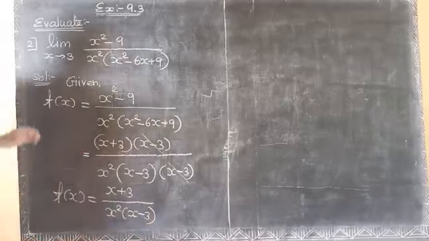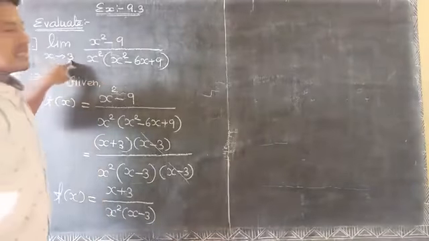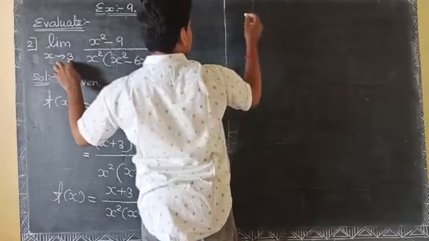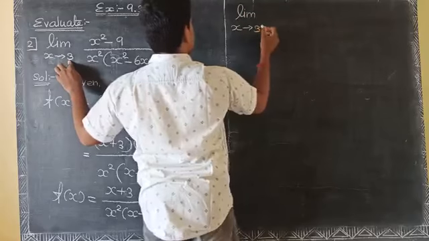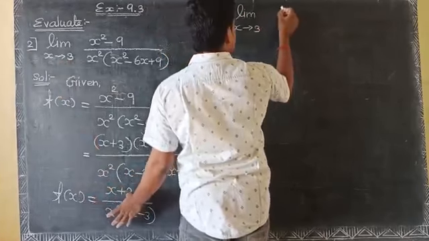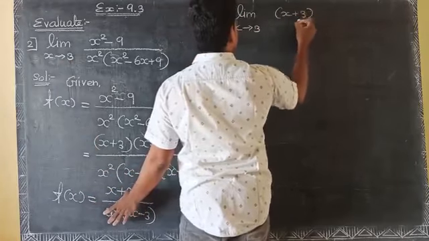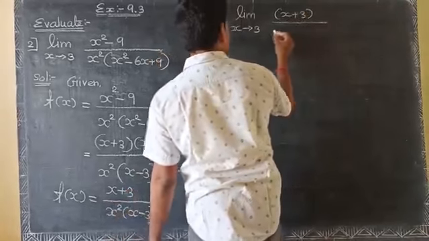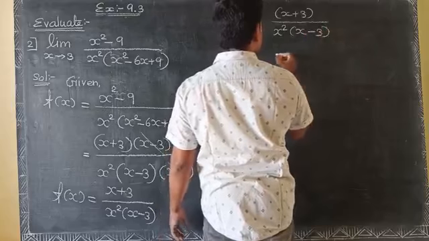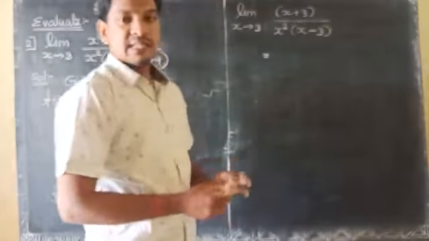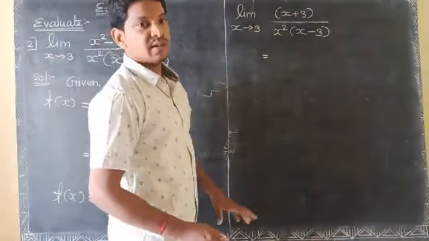To find the limit as x approaches 3, that is limit x approaches 3 of f of x, that is x plus 3 divided by x square into x minus 3.